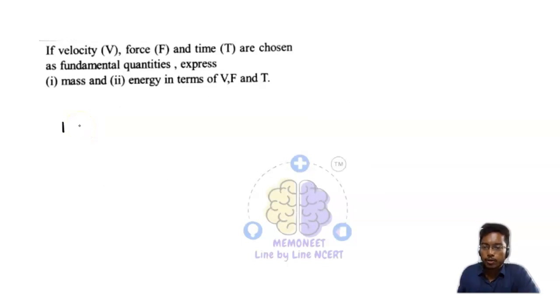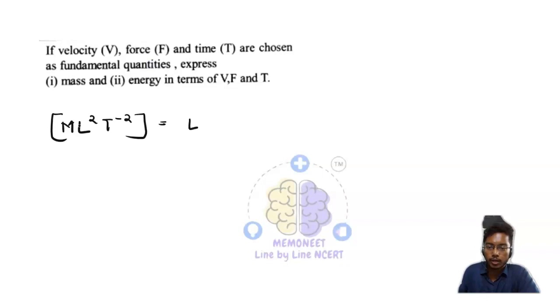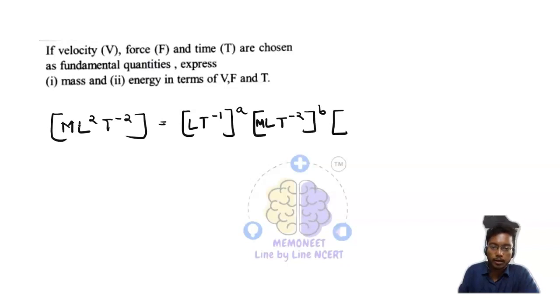For the energy, we know the dimensional formula is M L^2 T^-2, which will be equal to velocity, (L T^-1)^a, and for the force (M L T^-2)^b, and the time T^c.